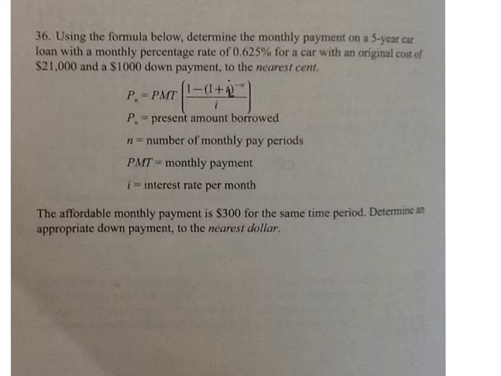All right, so we set this up in class, and then remember we were looking for the first part, it says determine the monthly payment. So we were looking for PMT. So this piece here is the amount borrowed. So if the car is $21,000 and we put $1,000 down, that would mean we're borrowing $20,000.